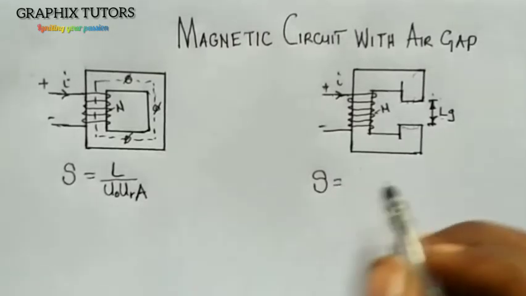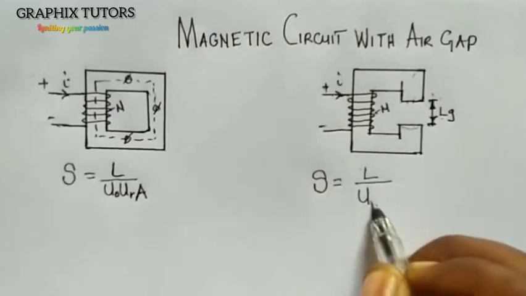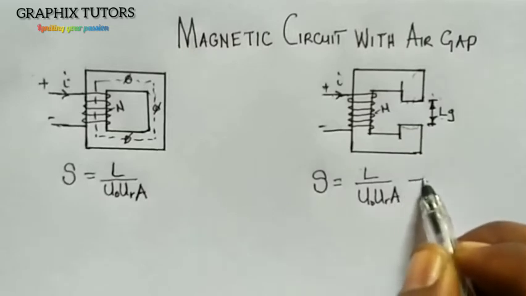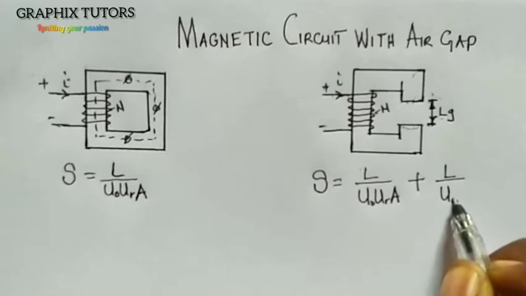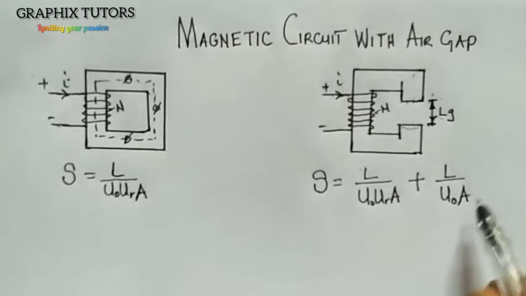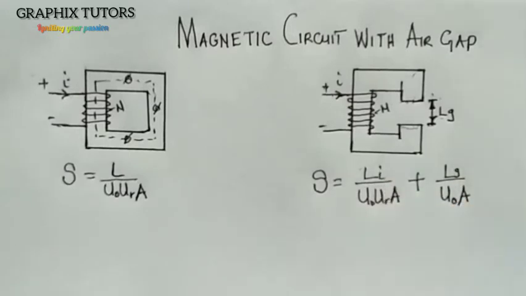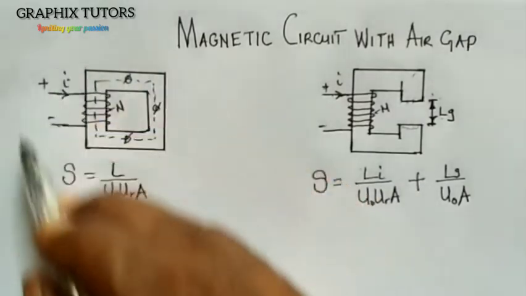That will be L over mu naught mu R A, right, plus LG over mu naught A. Because this is the length of the air gap, and this is the length of the iron core or the metal, basically one material throughout.